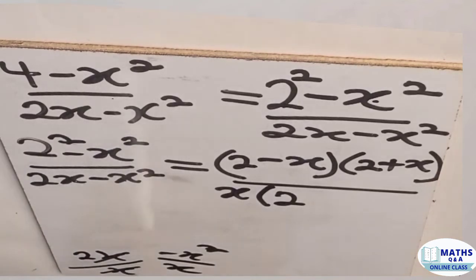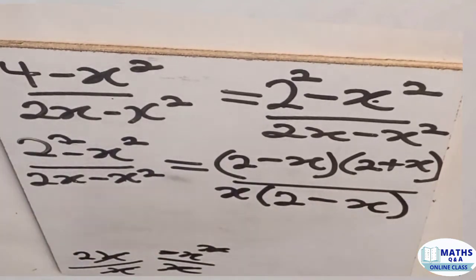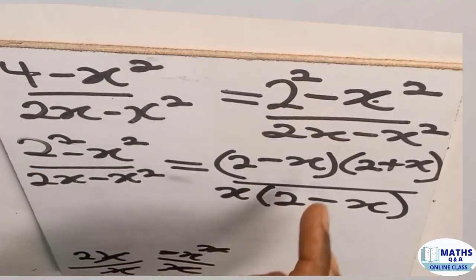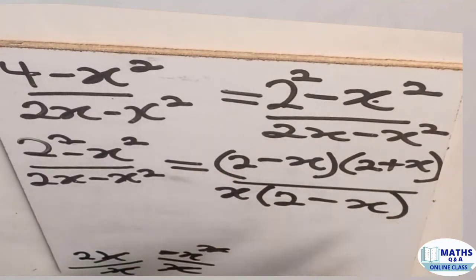That is the factor. That one will divide the x. It will be left with what? Negative x. So we have our negative x here. Now we close the brackets. So the factorized form of this expression is what? (2 minus x)(2 plus x), they are multiplying, all divided by x, multiplying (2 minus x).